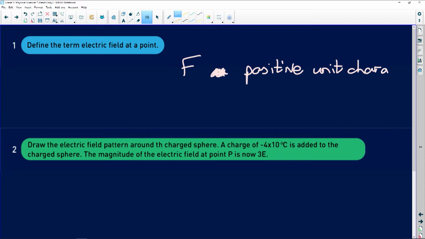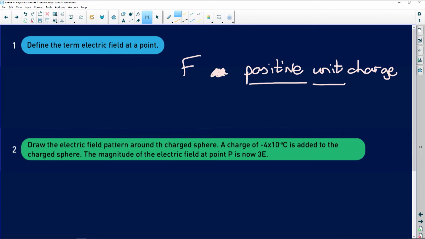Very important that we don't forget to mention that it's a positive unit charge. Remember, all your definitions in electrostatics were designed around positive charges. So everything is given in terms of a positive unit charge. Your electric field at a point is about the electrostatic force that a positive unit charge will experience.